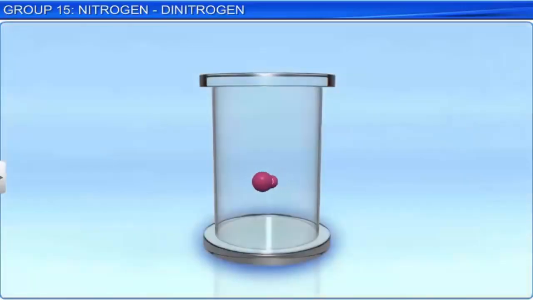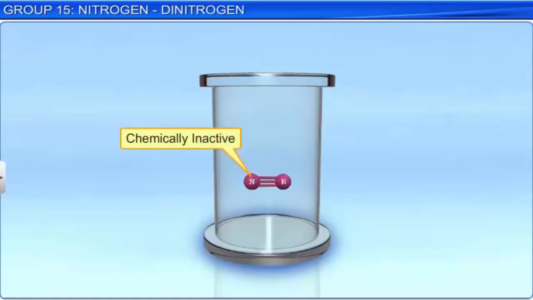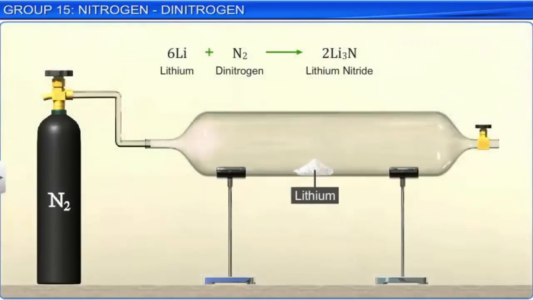Hence, dinitrogen is inert at room temperature. In other words, it is chemically inactive at room temperature, with the exception that it reacts with finely divided lithium to form lithium nitride.